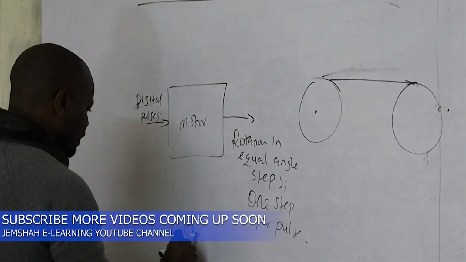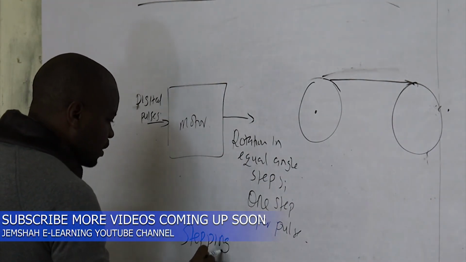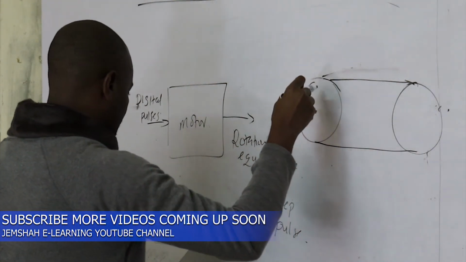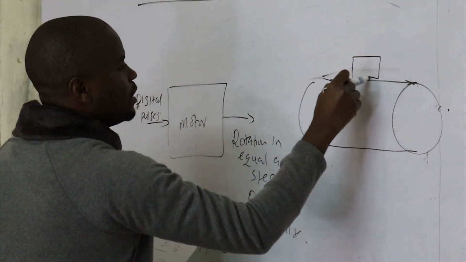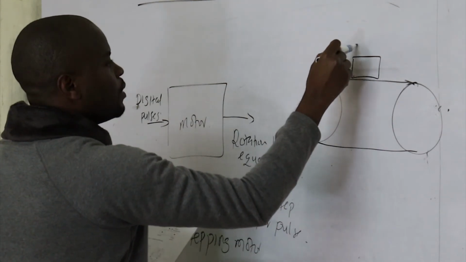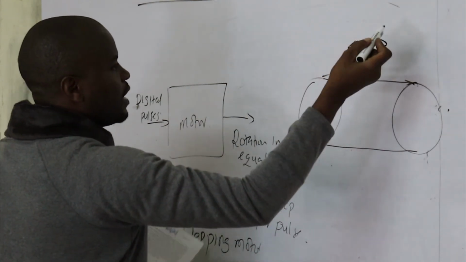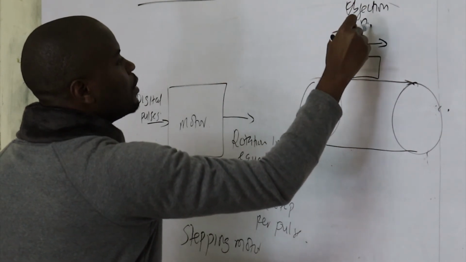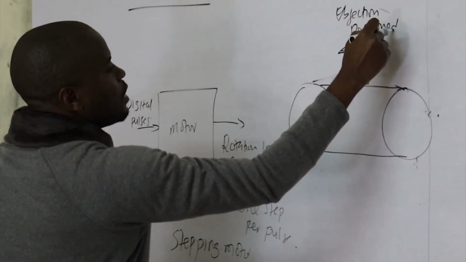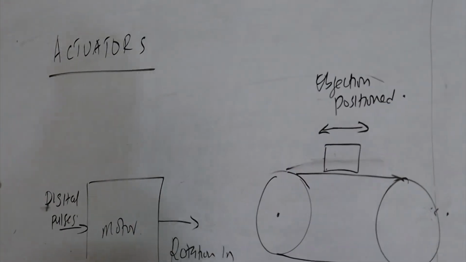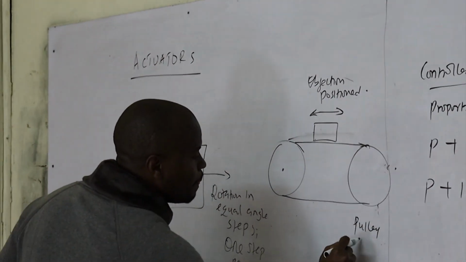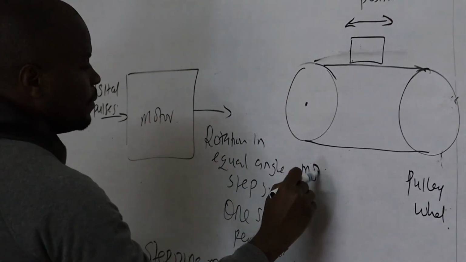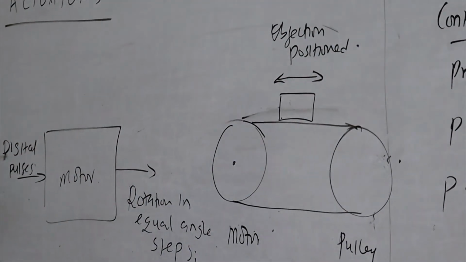The object is positioned at that point and can move in any direction. Here we have the pulley wheel, and here we can have a motor. So that is how the stepping motor works.